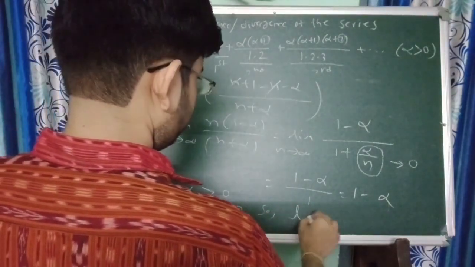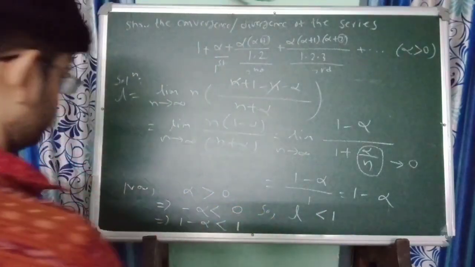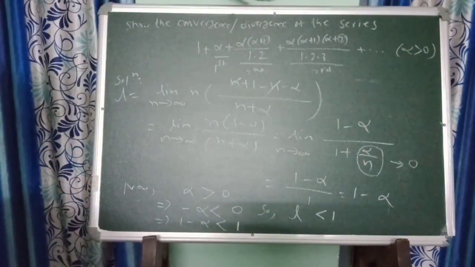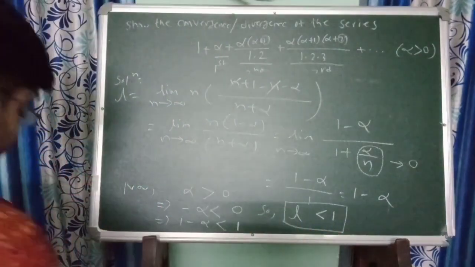So L is less than 1. So by Raabe's test the series is divergent since L is less than 1.